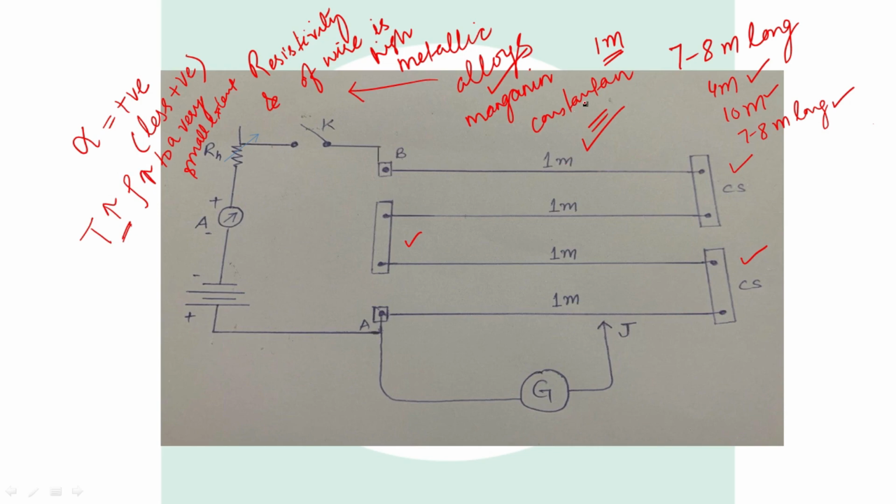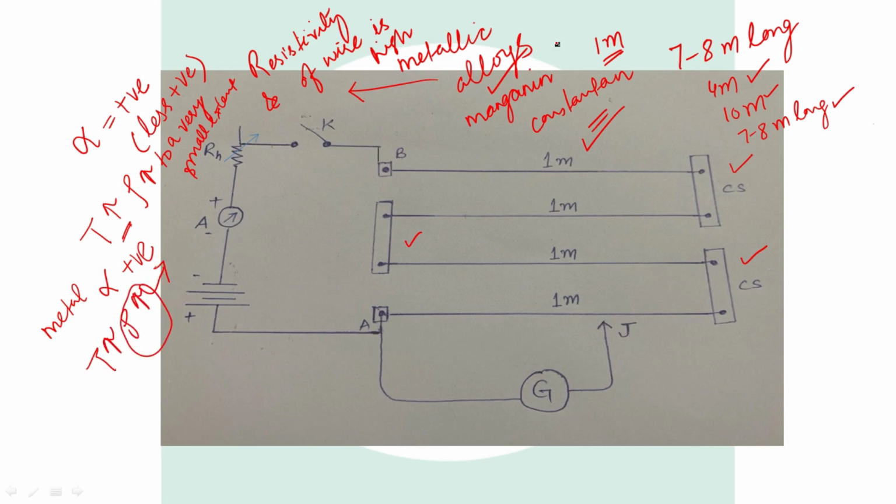Instead of manganese or constantan, if we use copper wire, then what will happen? Copper is a metal, and for metals alpha is very high. What is alpha? Alpha is the temperature coefficient of resistivity. That means for metals, when temperature increases, resistivity increases to a very high value.